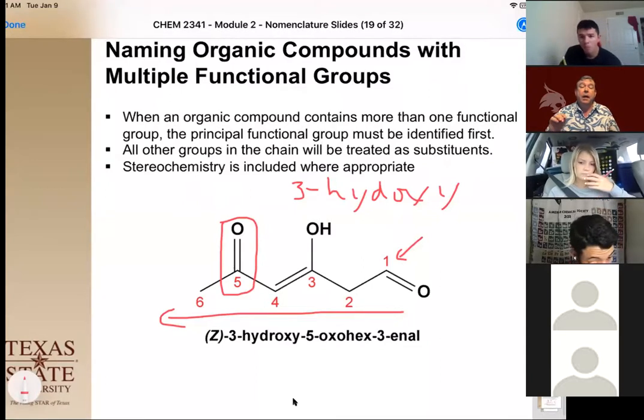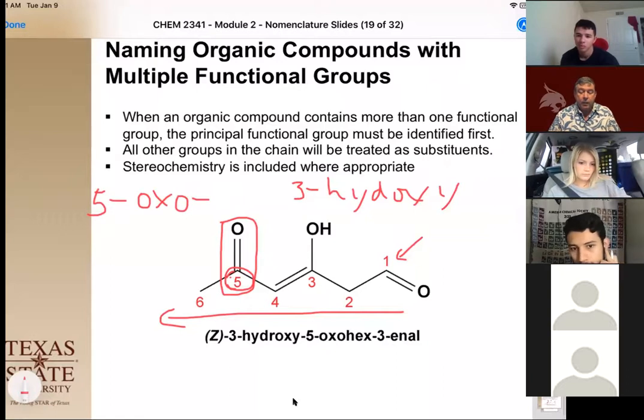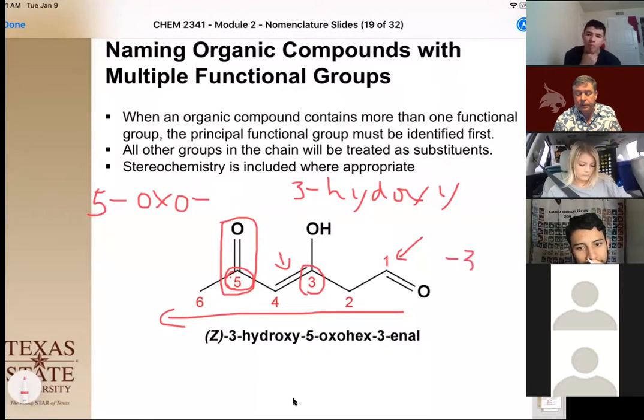And so we're going to name it oxo, and the number we're going to use is the number on the carbon that we have here. So we're going to have 5-oxo somewhere in the system. Oh, and we have a double bond, so we have to have an ene in there somewhere. And it starts on the 3rd carbon. So we're going to do 3-ene somewhere in the name.